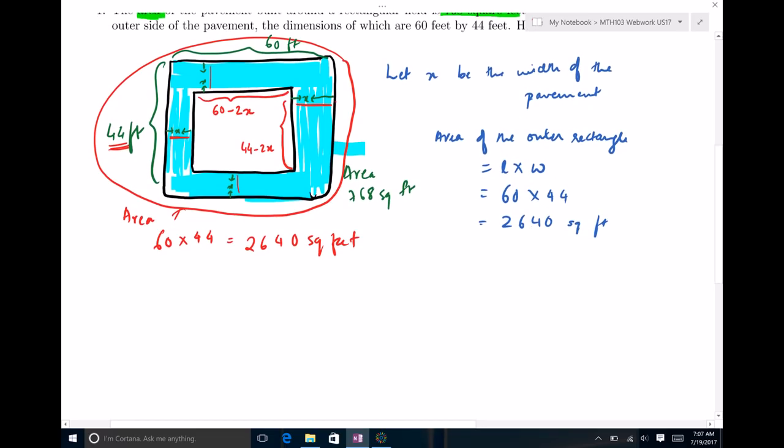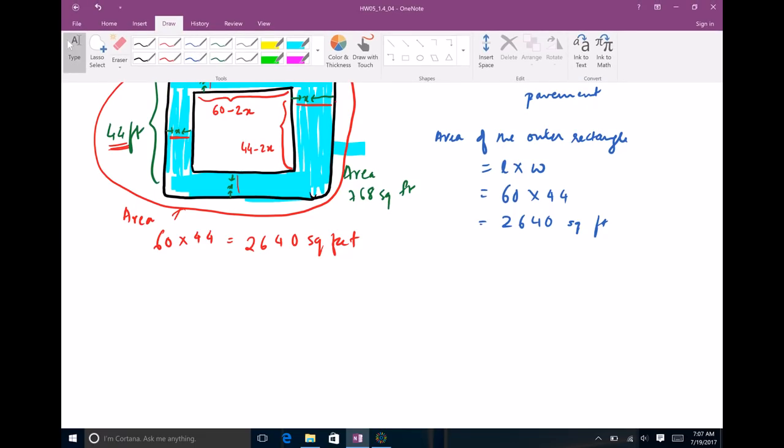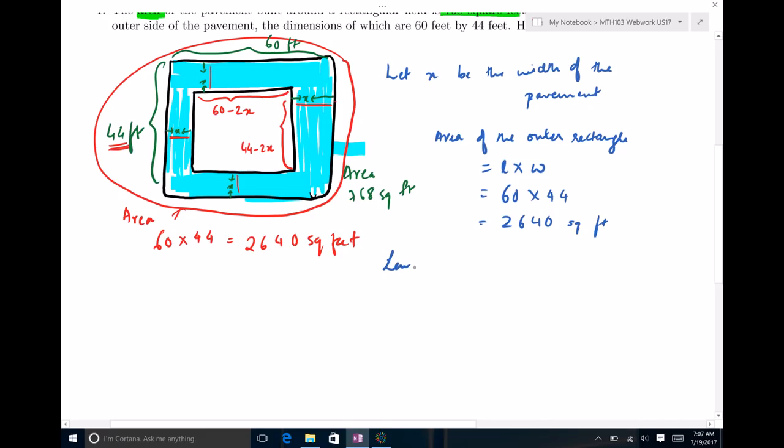Now, I don't exactly know the area of the inner rectangle, but I do know that the length of the inner rectangle, I know this in terms of x, is 60 minus 2x, and the width of the inner rectangle I know is 44 minus 2x, which means that I can also say what the area is of the inner rectangle.